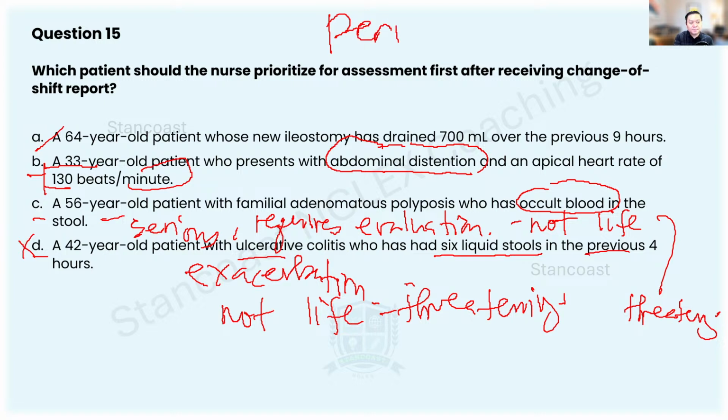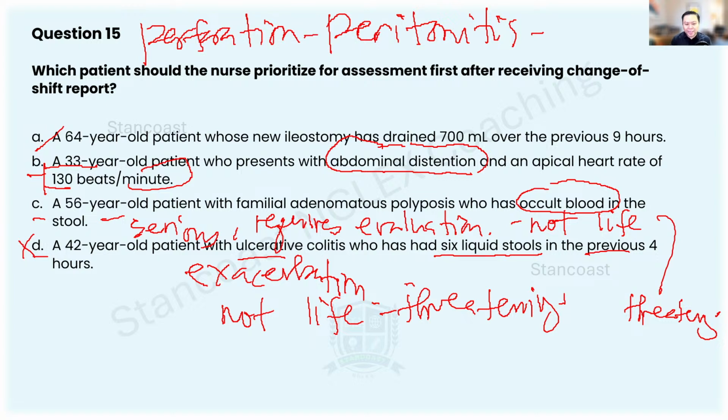Peritonitis caused by perforation of an abdominal organ. That is our priority, guys. Abdominal distension plus a heart rate that is elevated. It is peritonitis or possibly intestinal obstruction, either or.